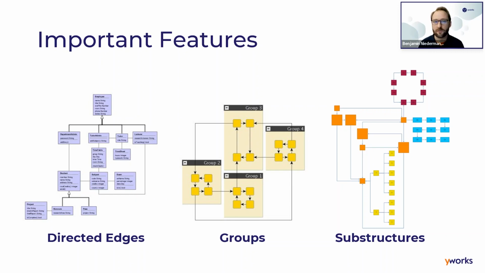So you can also group the nodes and introduce group nodes. And then finally, there is also the substructure feature that you can use to represent certain structures in the graph with a specialized layout, so that you really know how this layout will look like. So for example, this chain here, for that you can define that it should be wrapped and should not be just a long line. And these are 3 example features.